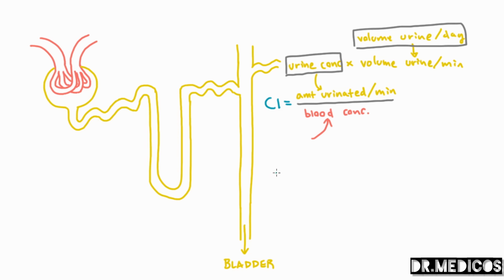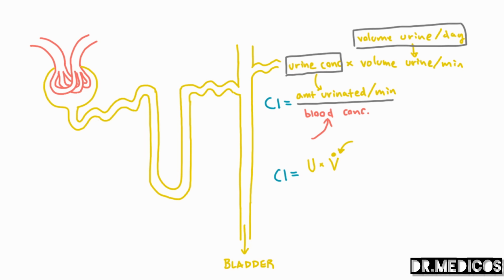And so the way that this is often written out is clearance is equal to the urine concentration times the urine flow rate, and this is written as a V with a little dot over it. The V means volume and the dot means over time, so the change over time.